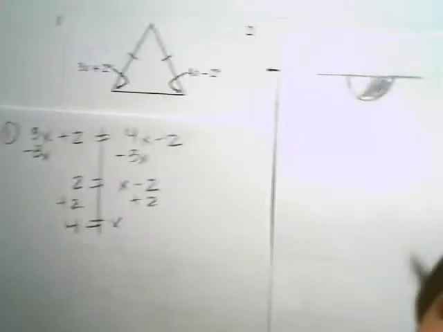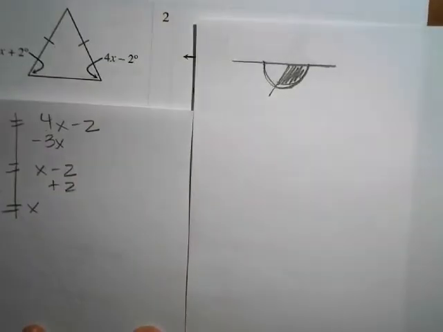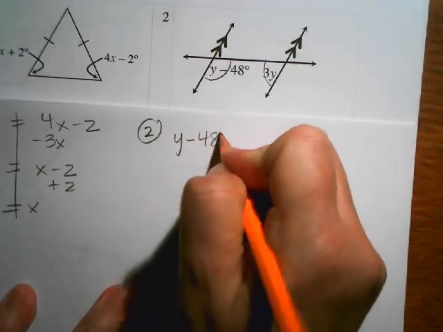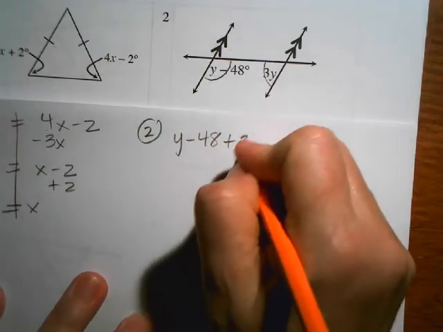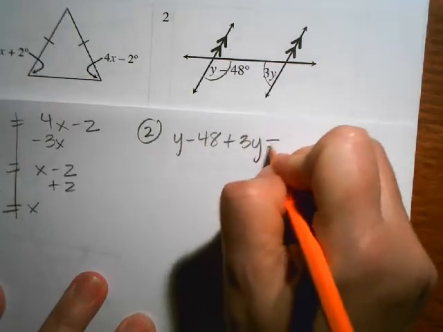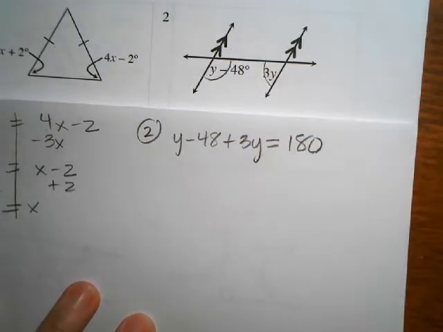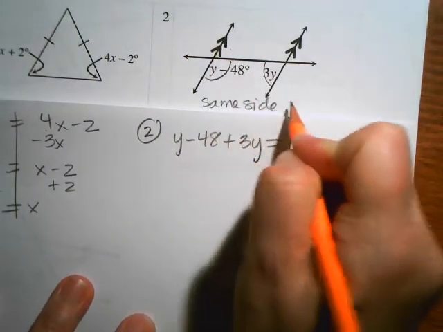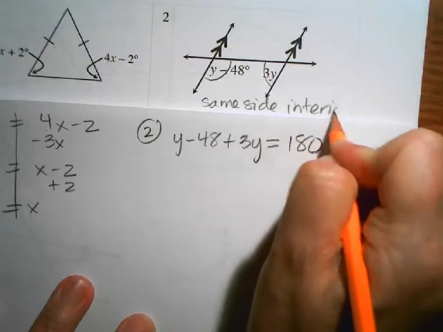That's a linear pair. So y minus 48 plus 3y equals 180. These two are going to add up to 180. Those are called same side interior angles.